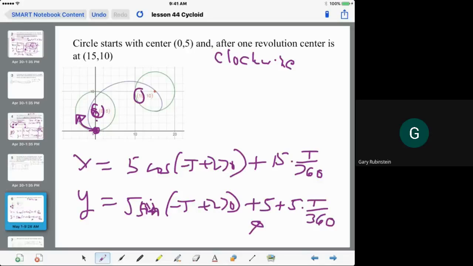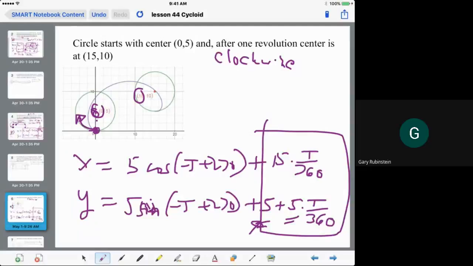So this on the right is basically what's going on with the center. The center's y value starts at 5 and increases by 5. The x value starts at 0 and increases by 15. This is pretty confusing, but this is the right answer. You can compare this. Willis had a pretty close answer. Willis had a 5 there.